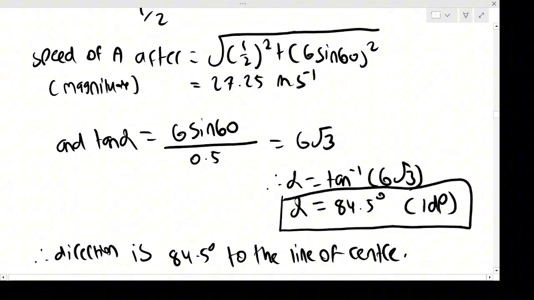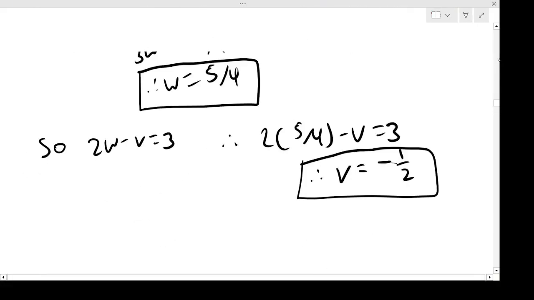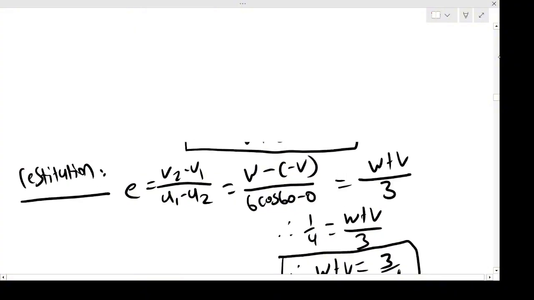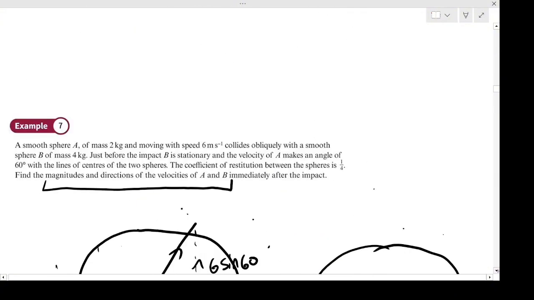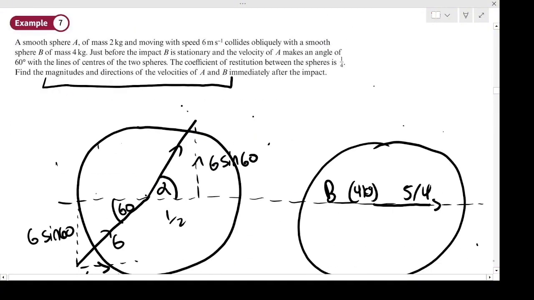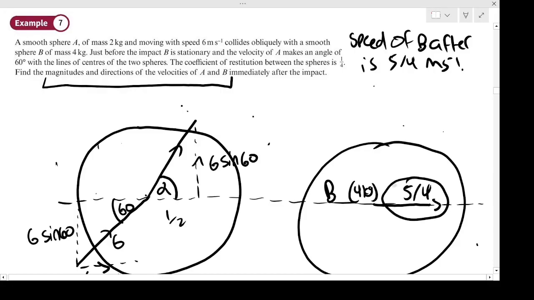And that's what I can say for my direction there. Hopefully happy with that. I can now do the exact same thing for B, and actually B is going to be really straightforward, because for B it's just like this. It's just a singular speed. I can probably just do it here actually. So then the speed of B afterwards is just going to be 5 over 4. There's no Pythagoras because it's just one length. And then as for the direction, well, it's just moving along the line of centers, okay?